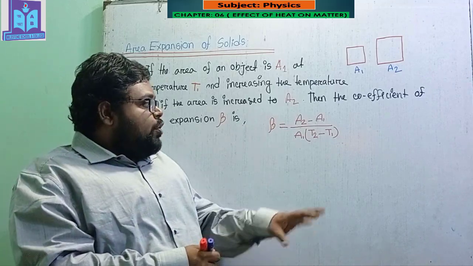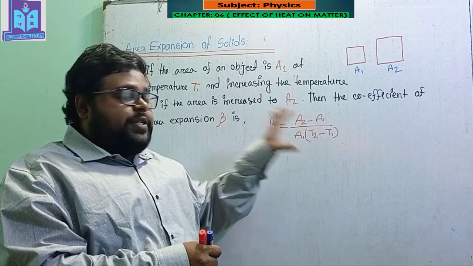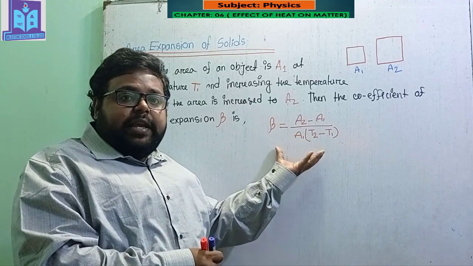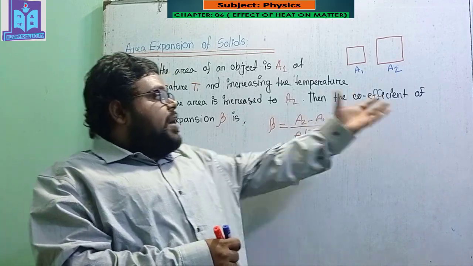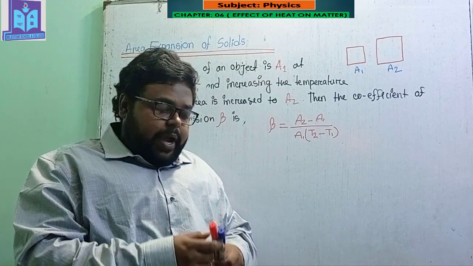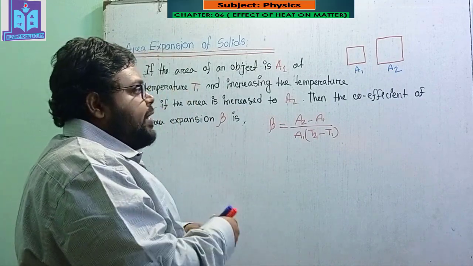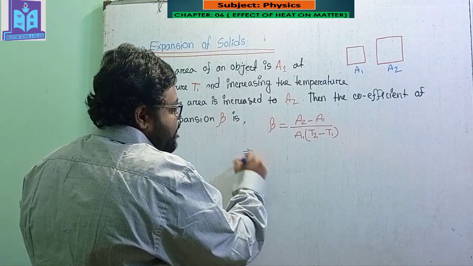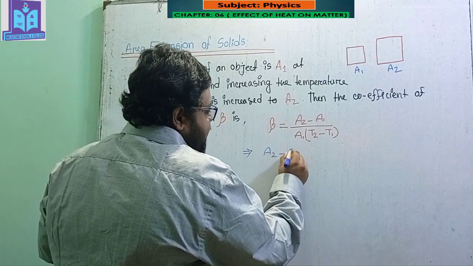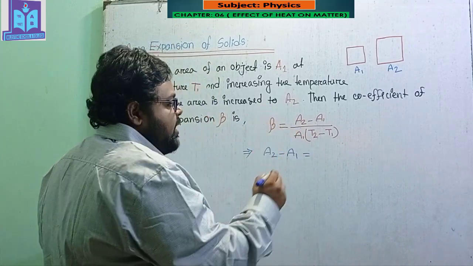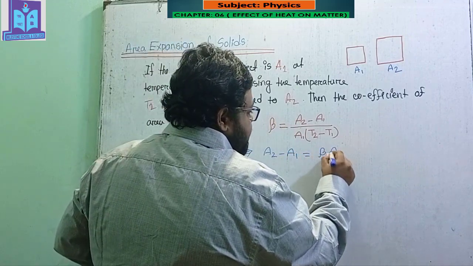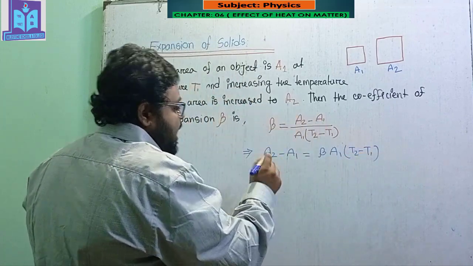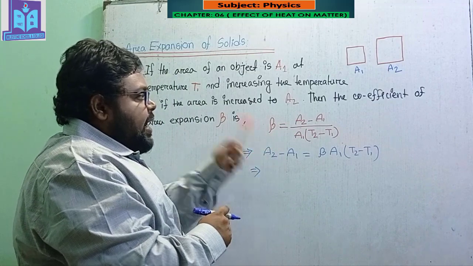Okay, so this is the formula of the coefficient of area expansion. By using this formula, we can find out the increased area. If we want to find the increased area A2, then A2 minus A1 equals beta A1 into T2 minus T1, since I want to find out the expanded area.